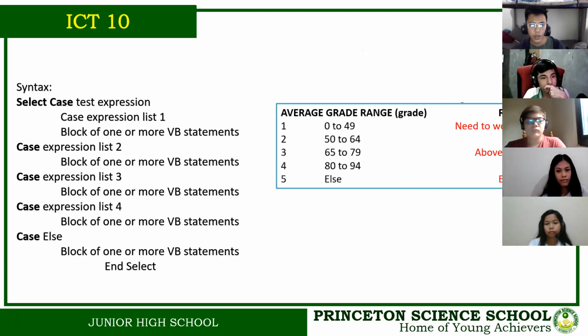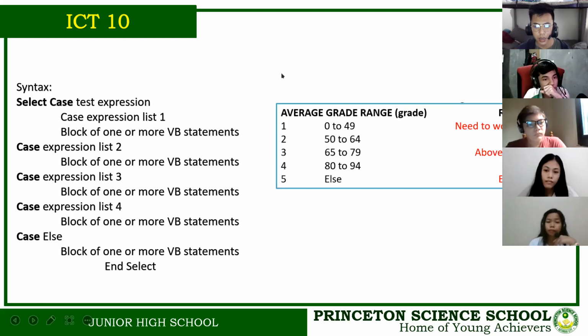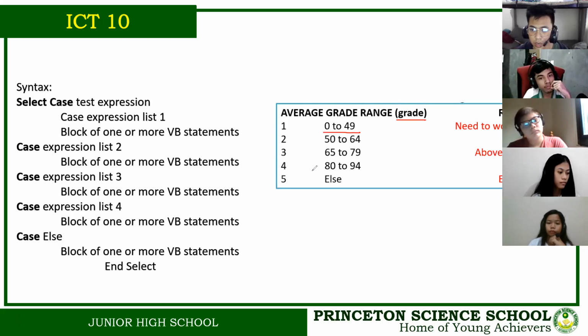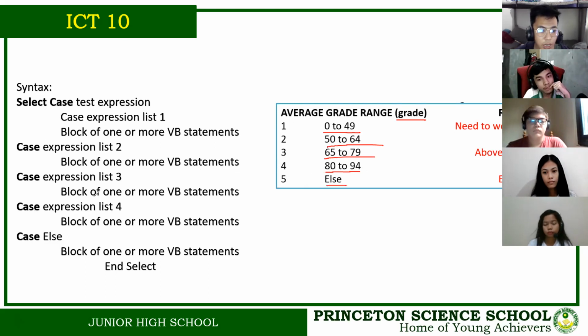Here we have an example of an output where we are looking for the grade. There is going to be a range of 0 to 49, 50 to 64, 65 to 79, 80 to 94, and then the else.